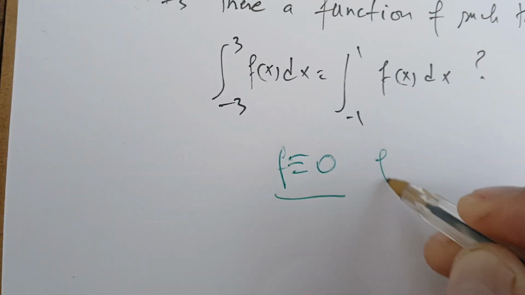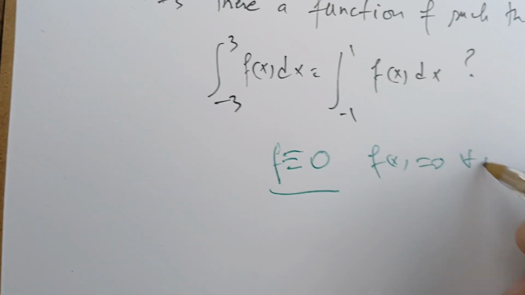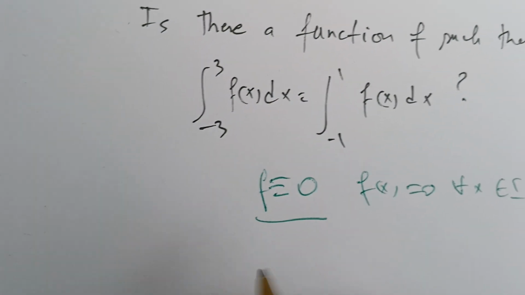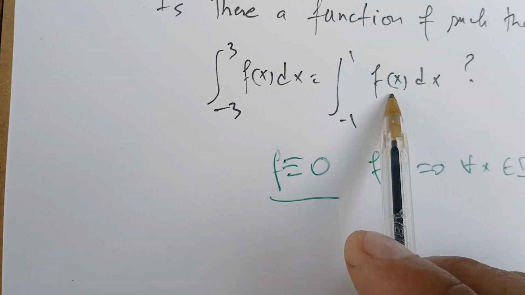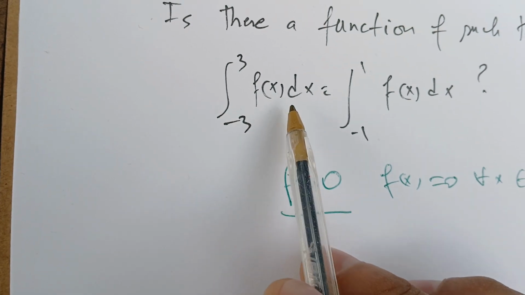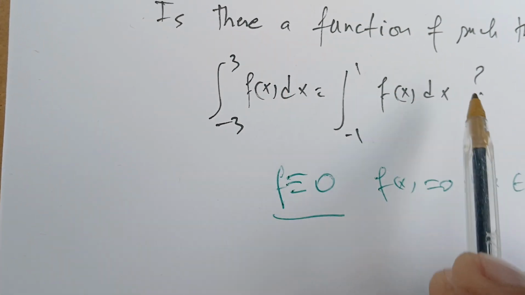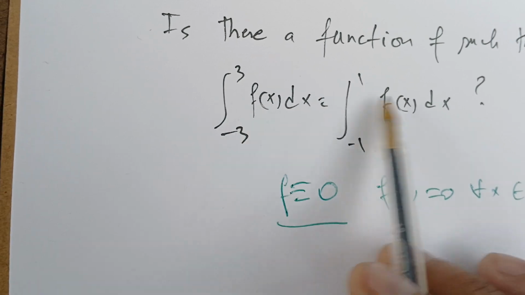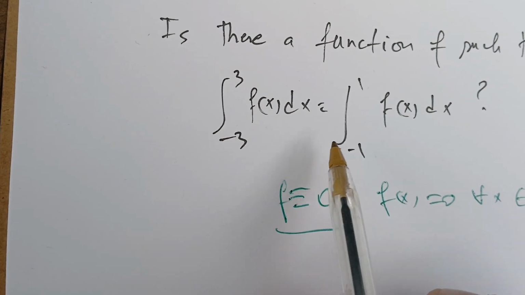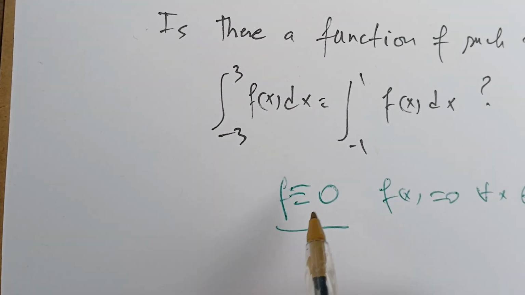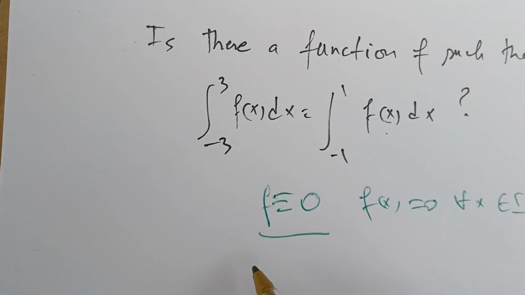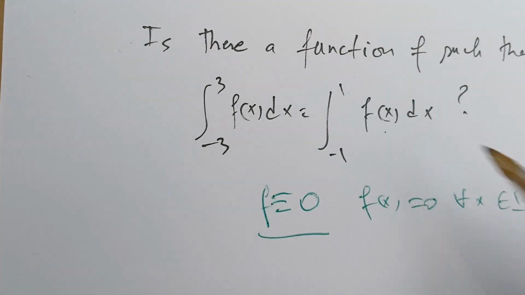That means f(x) is 0 for all x in some interval, and therefore the integral of 0 between -1 and 1 is the same as the integral of 0 between -3 and 3, and these two integrals are equal and they are equal to 0 exactly, and therefore I found a function that satisfies this condition. So that means I did answer the question.